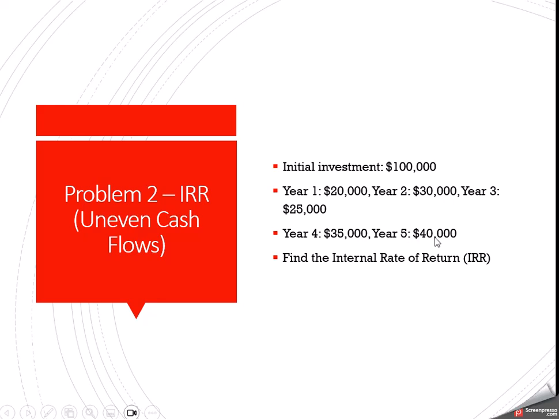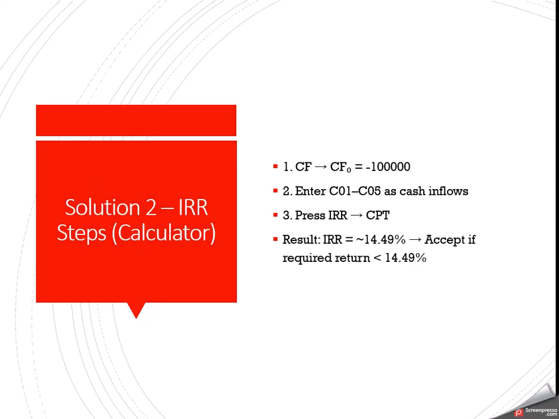CO5 is going to be 40,000, frequency of 1. Then we can come over to the IRR button for the internal rate of return and push compute. It gives us a rate. So it's saying, okay, you're going to earn 14.49%. So if our required rate of return was still 12%, we would accept it because we're earning more than that required rate of return.